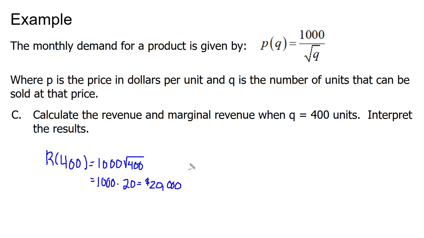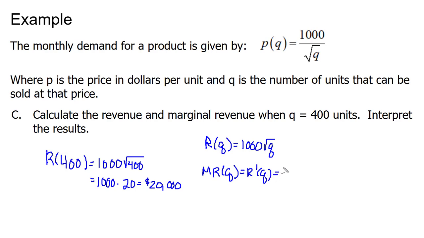Next, we're supposed to calculate the marginal revenue. Well, to calculate the marginal revenue, we first need our revenue function. Remember, that was 1,000 square root of Q. To calculate the marginal revenue, we're finding the derivative of our revenue function.